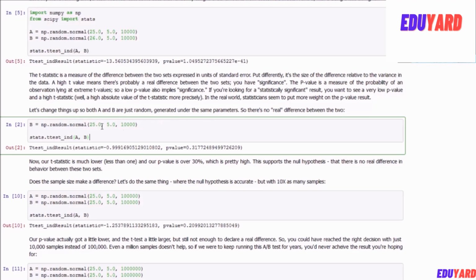If we go ahead and run that, you are going to see that our t statistic ends up being below 1 now. Remember, this is in terms of standard deviations, so that implies there is probably not a real change there. You also have a much higher p-value as well, over 30%.